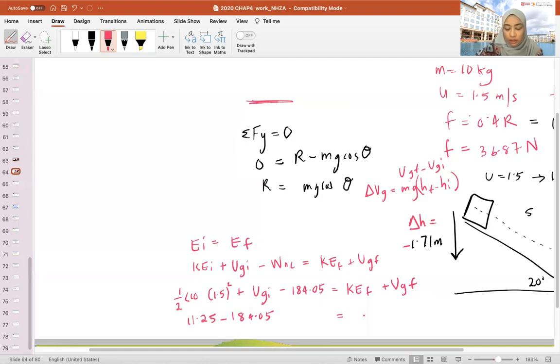So saya nak buat ke sini lah. So KE final tak tahu. And then change in UG, which is UG final minus UG initial. Okay, so saya buat macam ni. Benda ni dia bawa ke sini jadi negatif kan? So UG final minus UG initial.